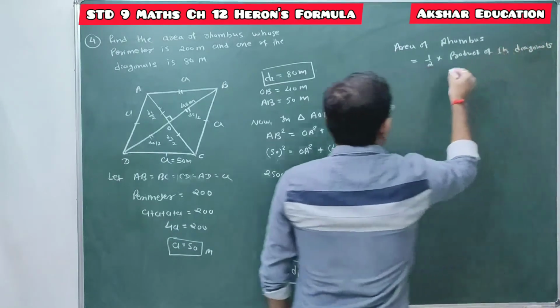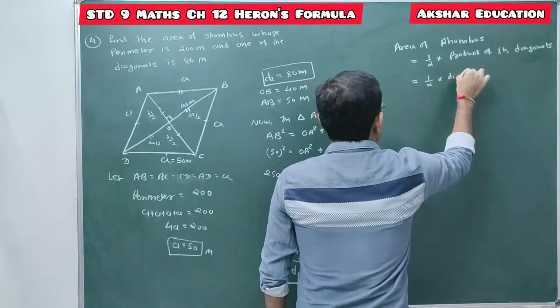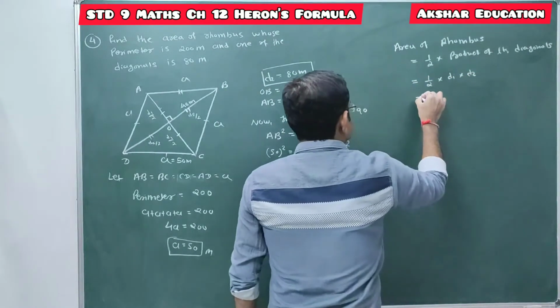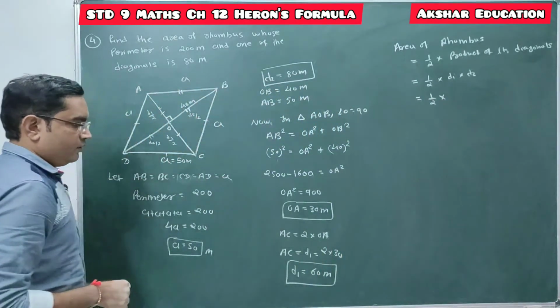So diagonals are D1 and D2, so that is equal to 1 by 2 into D1 into D2.